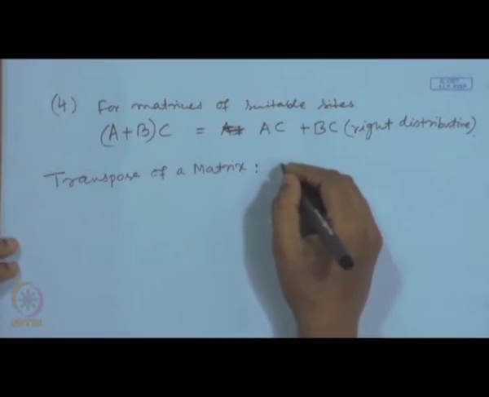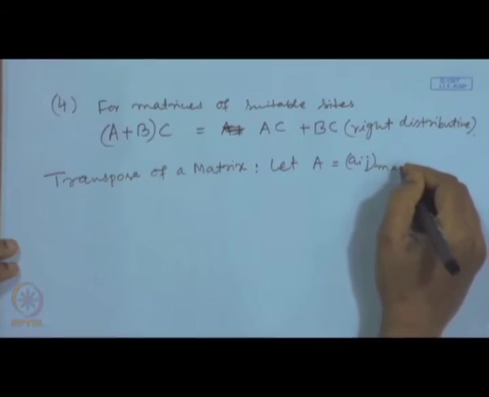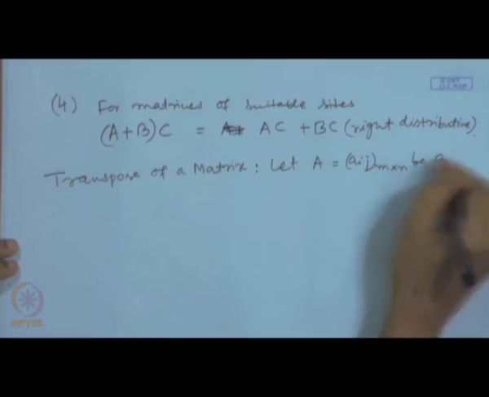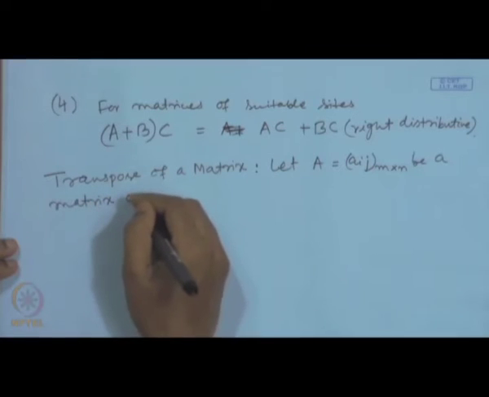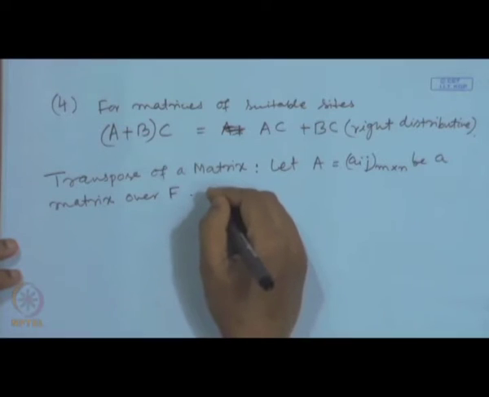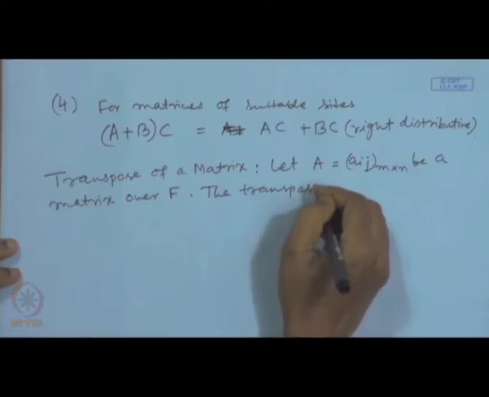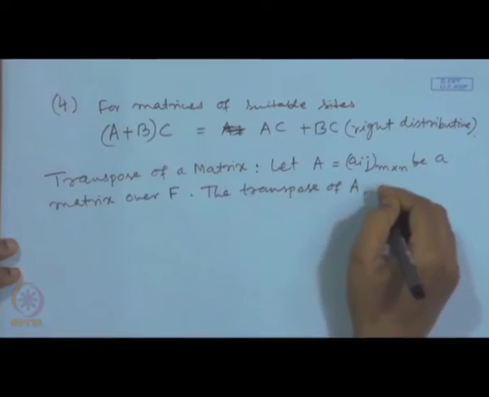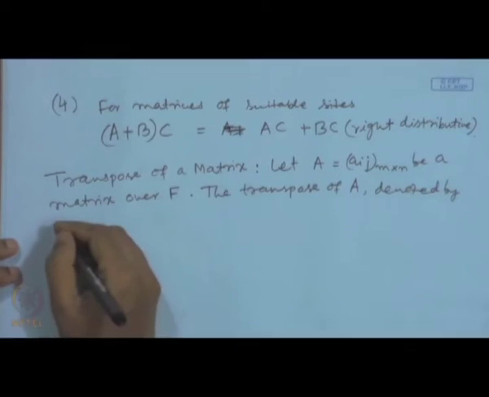So, if we have a matrix A with entries Aij and size m by n over F, the transpose of A is denoted by A transpose.